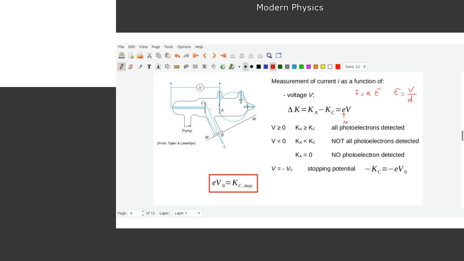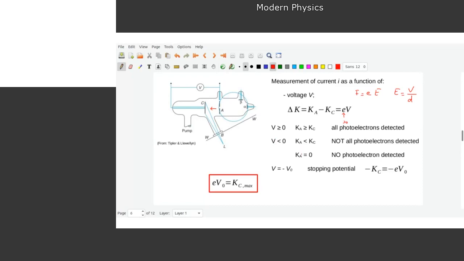Some are slower, some are faster, and so if you have some negative acceleration, some of them will be stopped before passing through the collector, and so they won't be detected. And so you will only detect the fastest photoelectrons.